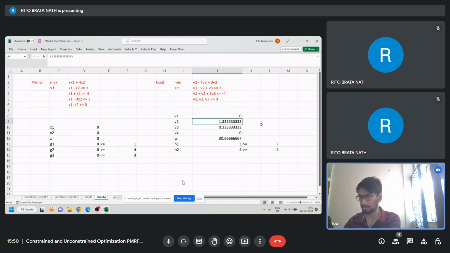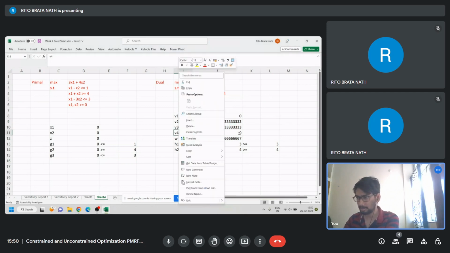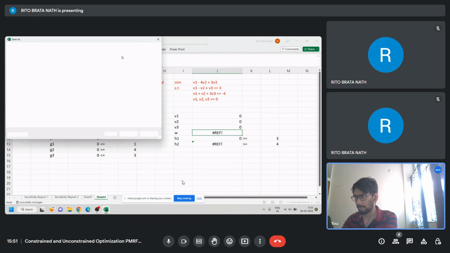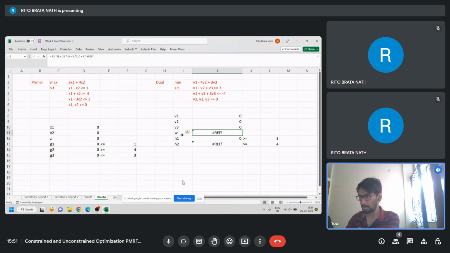For the next one, let's delete v4 first. And you can bring these things up here. Anyway, I'll change that. This is 0, this is 0. So let's write down this. Or I think it's better to keep it aligned.